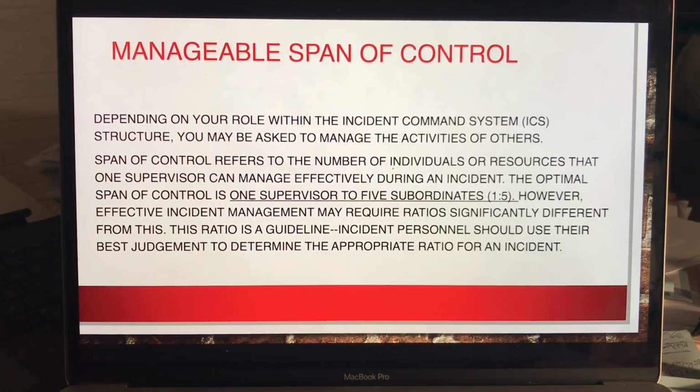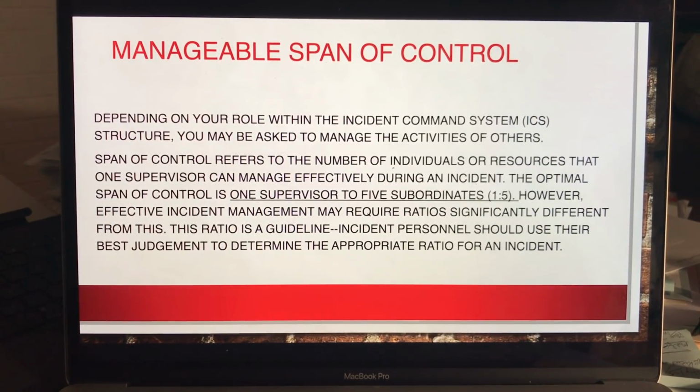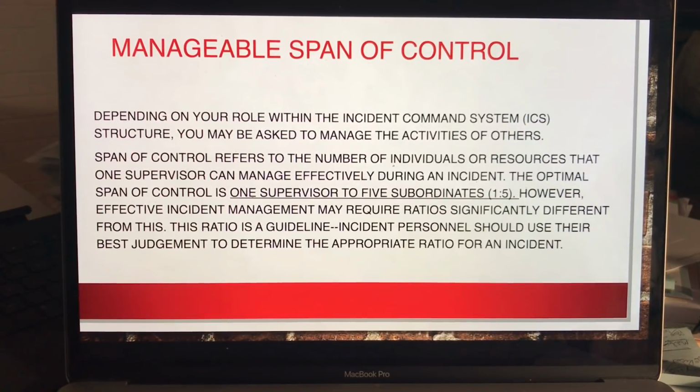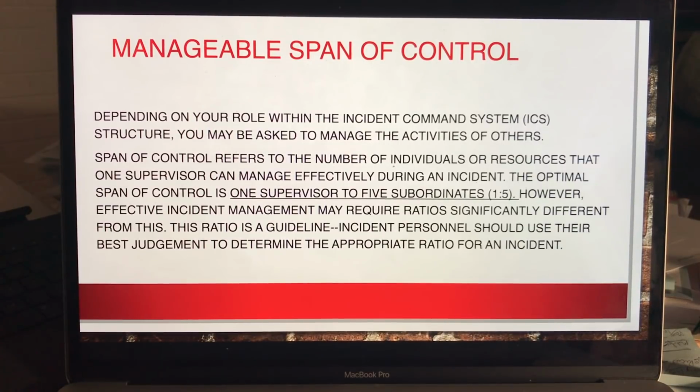Manageable span of control. Depending on your role within the incident command system structure, you may be asked to manage the activities of others. Span of control refers to the number of individuals or resources that one supervisor can manage effectively during an incident.